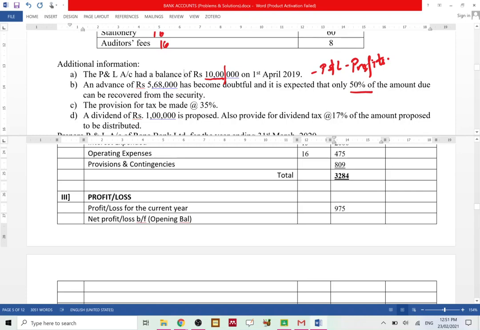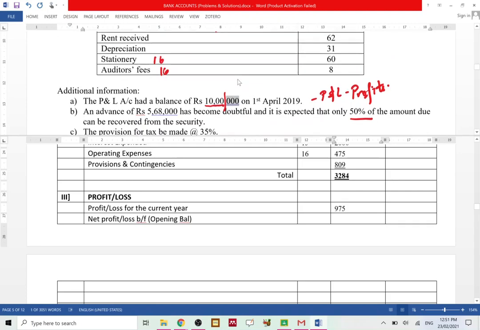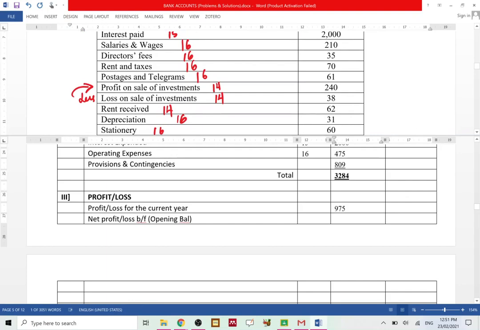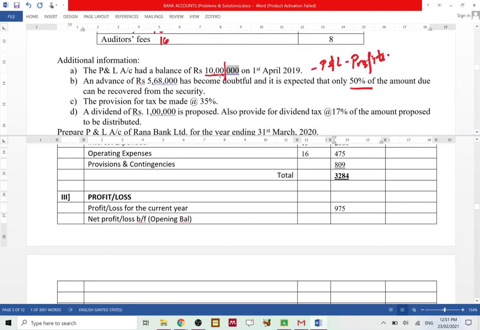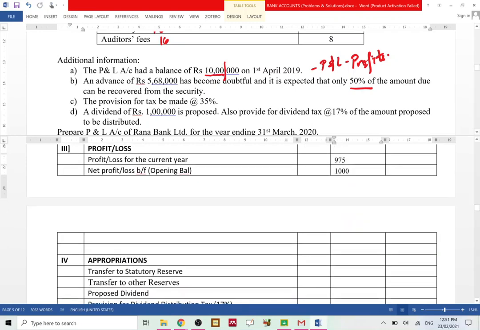Because it's in thousands. Again, we are going to get the shorter version of it. We don't want these thousands because we are showing amounts in short, right? So this is 1000. The amount of profits made last year is 1000. Okay, so that gives us the total of these two.